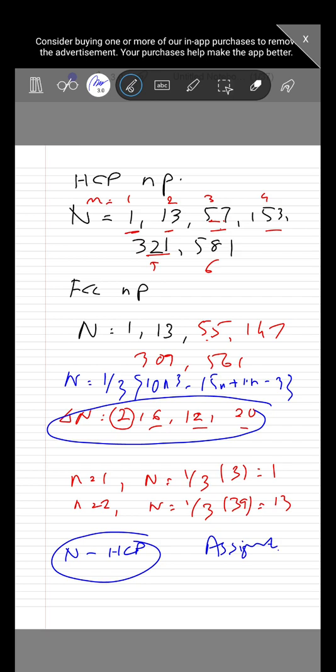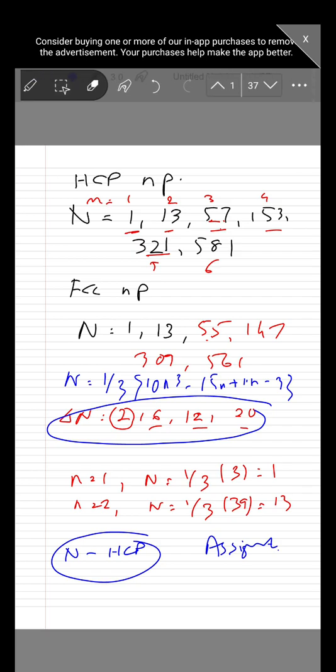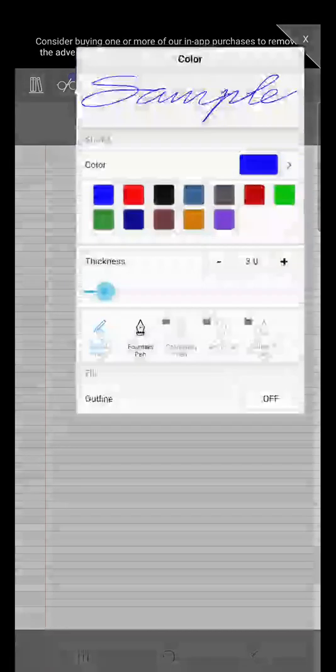Now let's go to some examples. This is a very common FCC nanoparticle, gold 55, and it is very reactive. It also has a short lifetime.